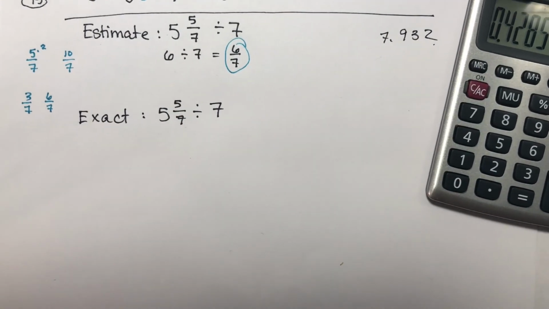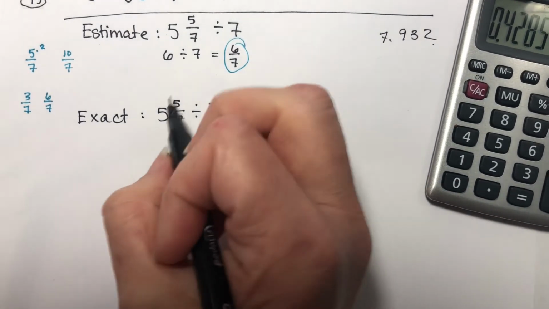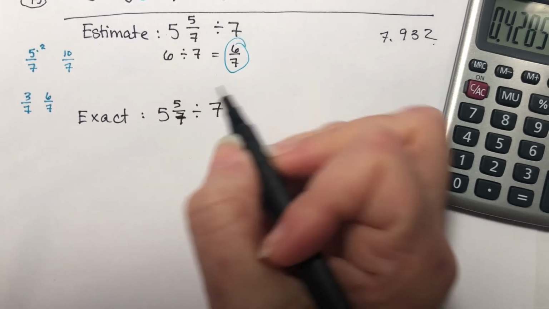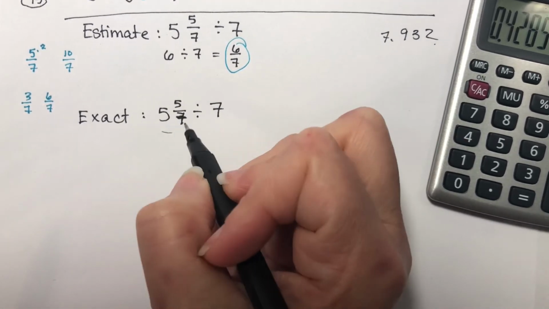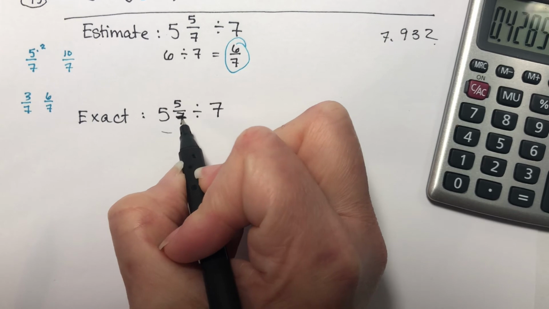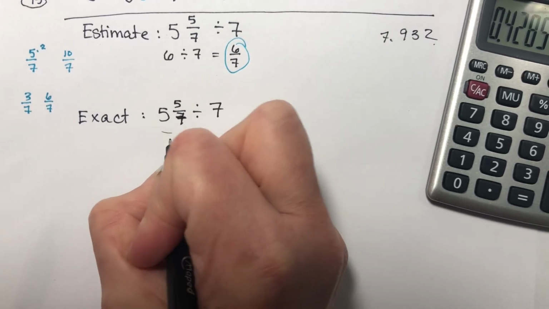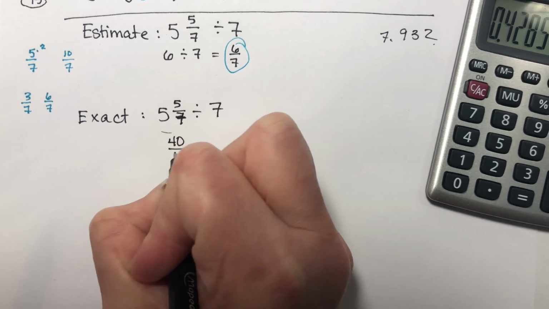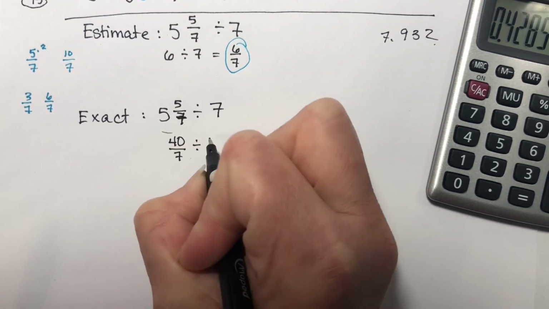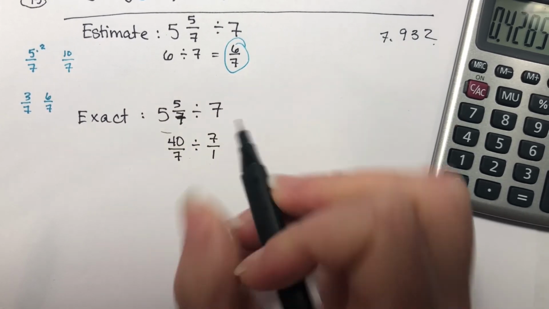Now I'll do the exact one. That's written poorly. That's a 7 right there. We need to change this to an improper fraction, and we do that by 5 times 7 is 35. 35 plus 5 is 40. So I have 40 over 7 divided by 7. I'm going to write it over 1.